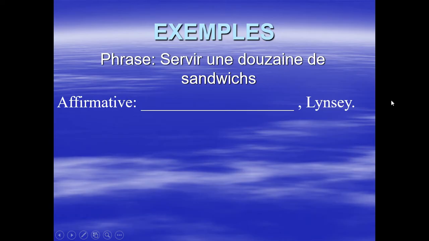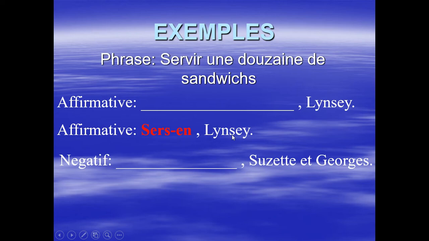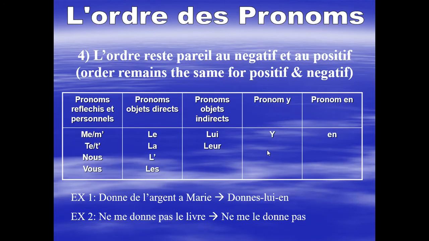So if you're telling Lindsay to serve them, as in serve the sandwiches, you would say sers-en, S-E-R-S, hyphen en, Lindsay. Au négatif, if you're telling Suzette et Georges, it would be vous. So you'd say non, servez pas Suzette et Georges.